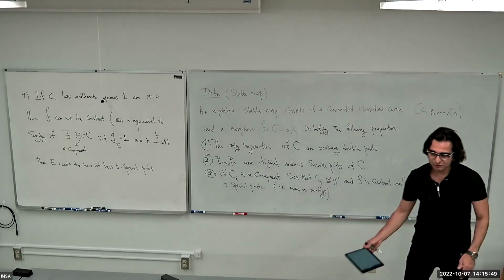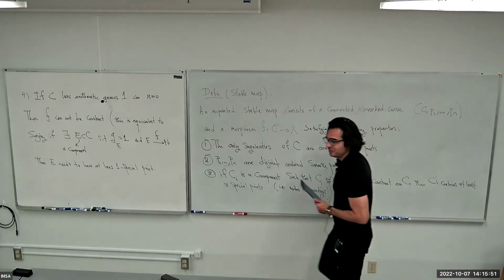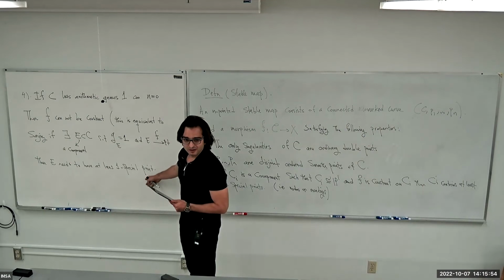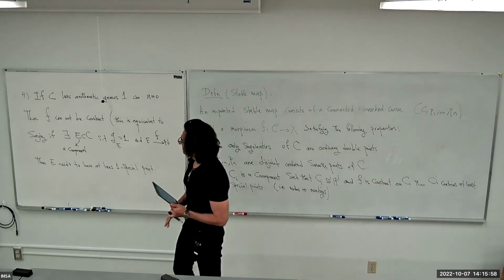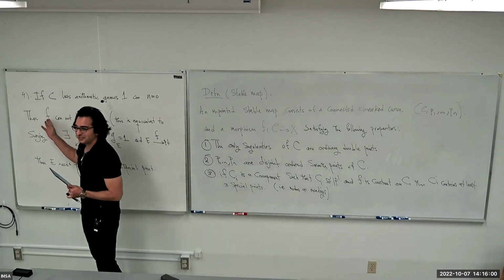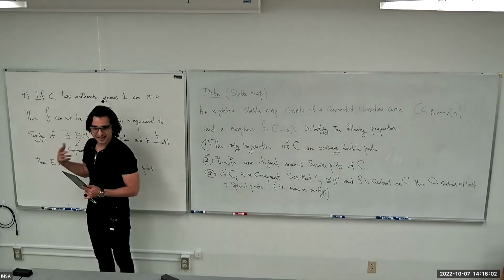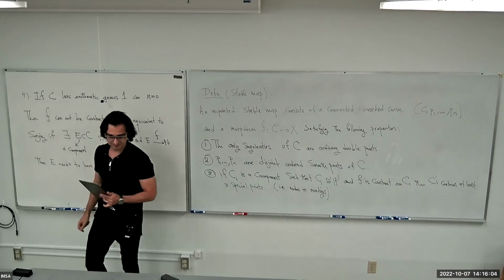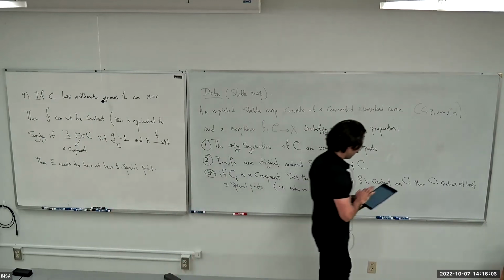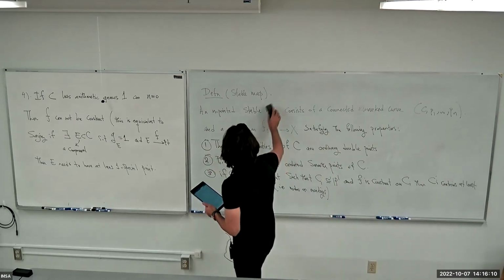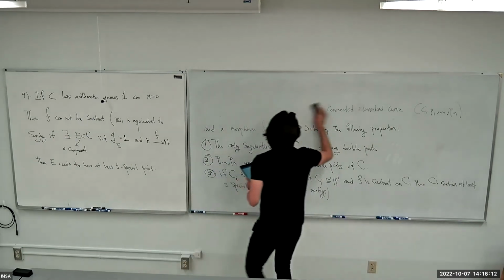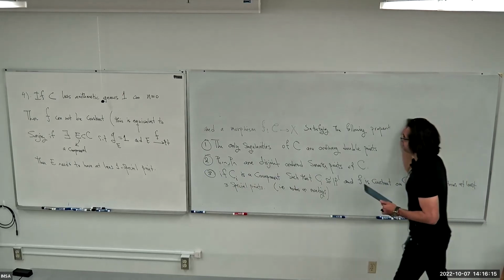It kind of respects really the stability of the curve itself. But here the only caveat is that now the map can be constant or non-constant. So we are adding this to our stability criteria. Okay? So that's that. This is what a stable map is.